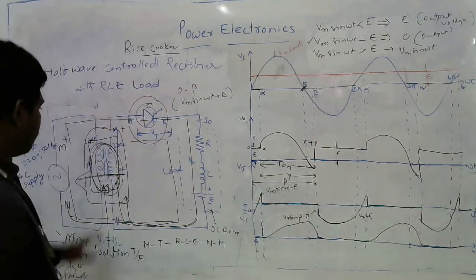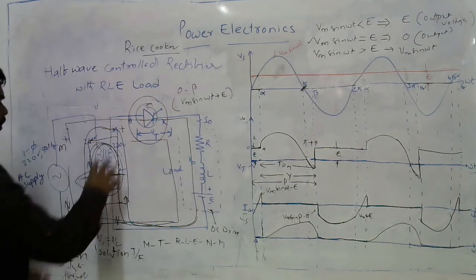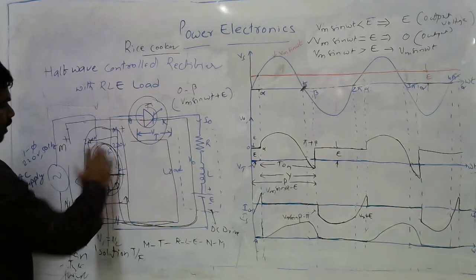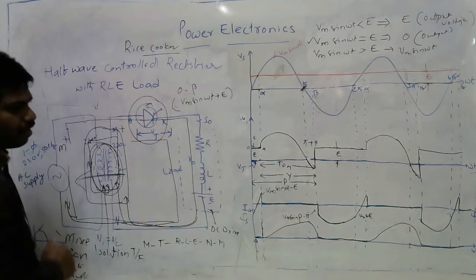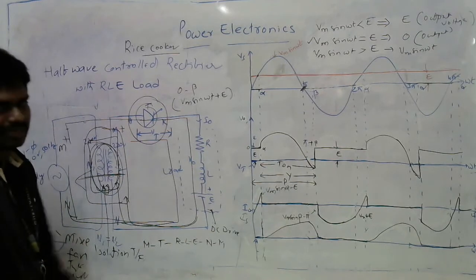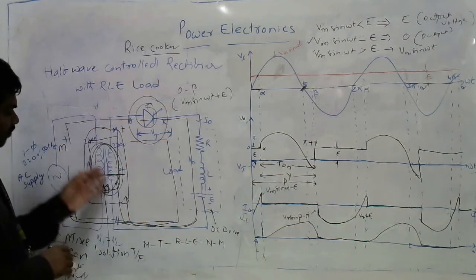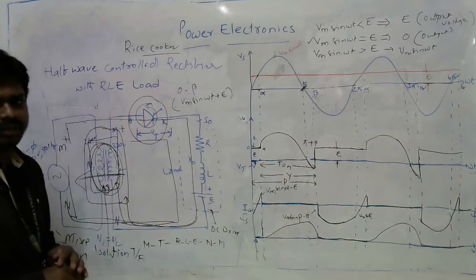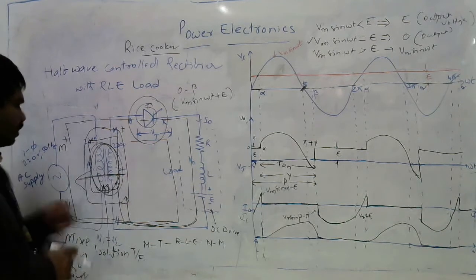So we are thinking that if the transformer is there, it stops the harmonics so that they do not reach the primary side of the transformer. That's the main motto why we use this isolation transformer in this power electronic circuit.